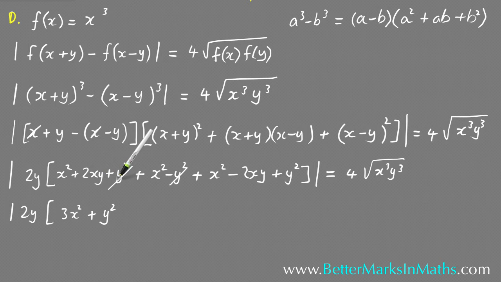I think I said it but didn't write it. So this was 2xy minus 2xy, so those two cancel. And just to be sure, x squared, x squared, x squared, 3x squared plus y squared. So that's what that simplifies to. And over here, 4 square root of x cubed y cubed.